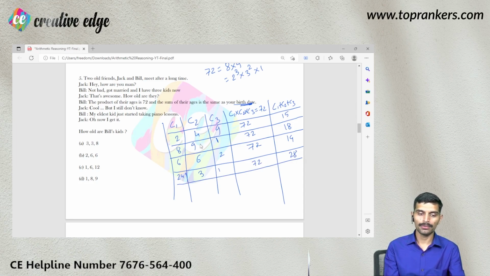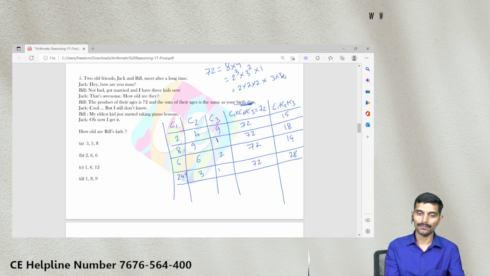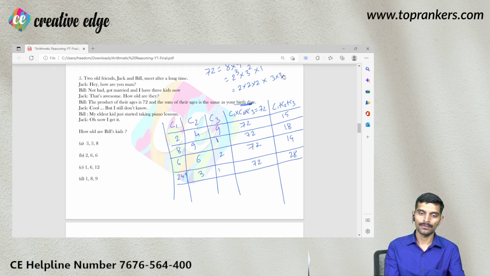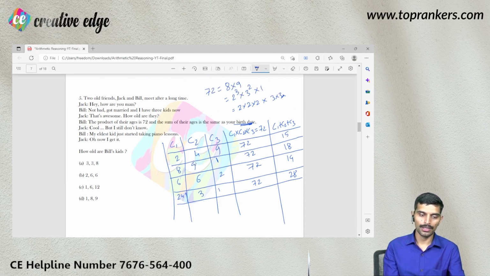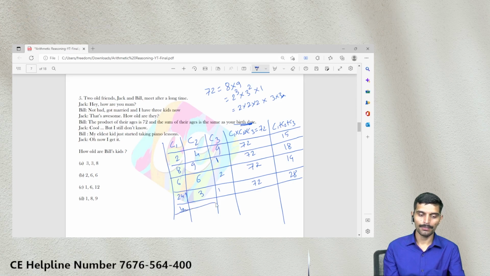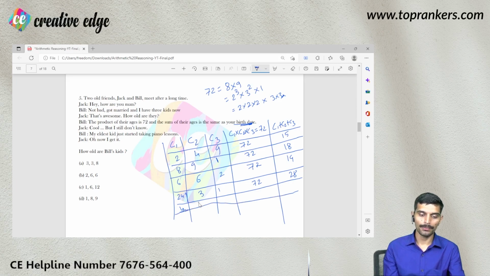Also, what can we write it as? It is 2 into 2 into 2 into 3 into 3 into 1, right? So let's try to break it as we have 2, 8, 4, 2, 4. So if I keep 4 here, and if I keep 12 here, right?